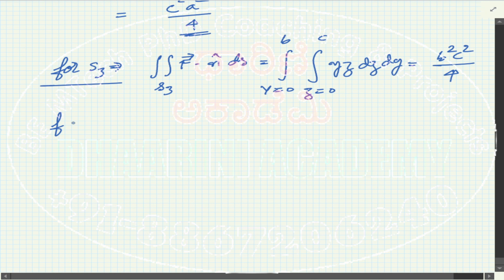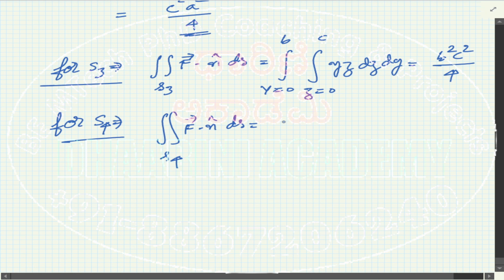Then we'll go for the next, S4. We are supposed to calculate the double integral over S4. This is f dot n cap into ds.